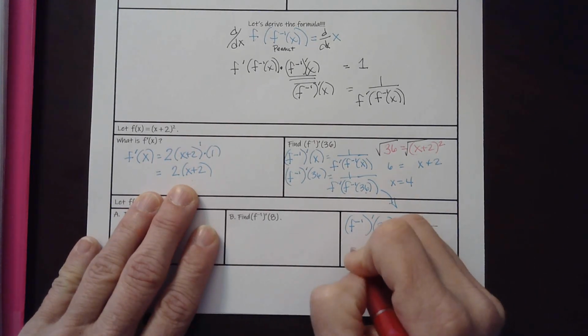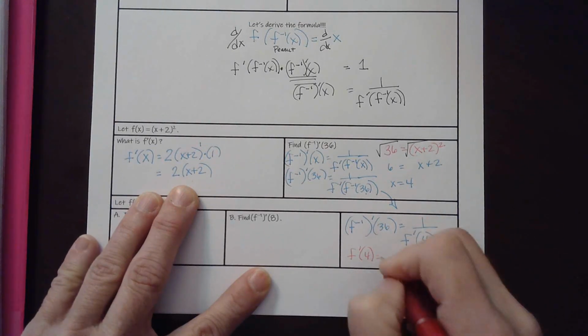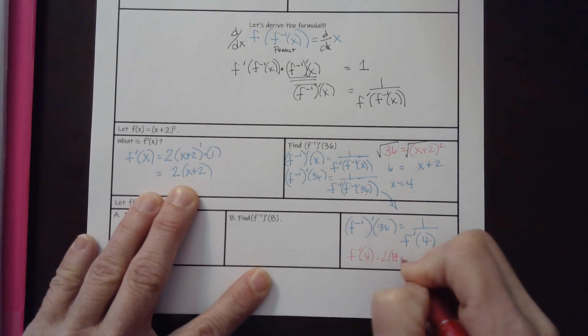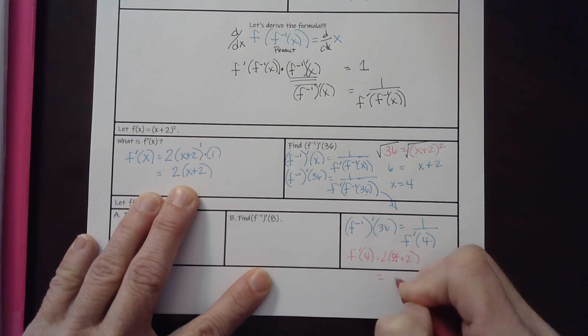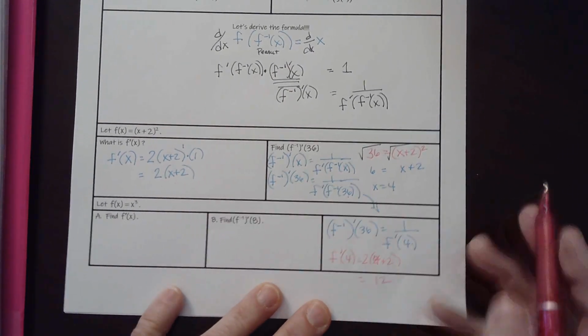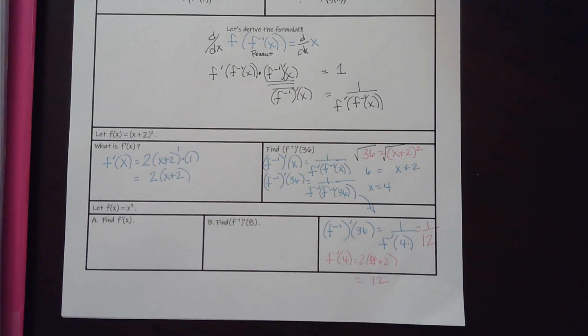So now I have 1 over f prime of 4, and I have f prime right here. f prime of 4 is going to be 2 times 4 plus 2, which is going to be 12. So f inverse prime of 36 equals 1 over 12. Okay?